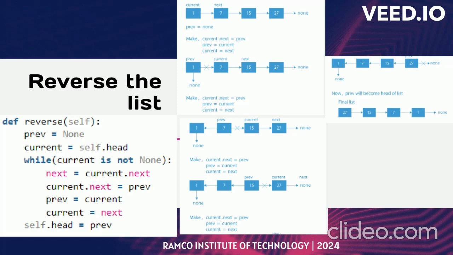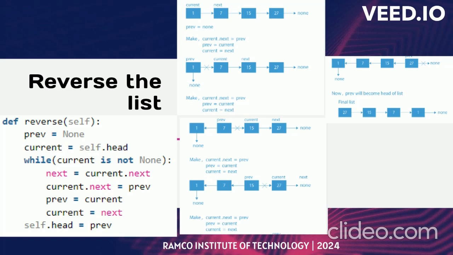So after the first iteration, 1 will be the previous and 7 will be the current, and 1's address will point to none and 7's address will point to previous, that is, 7 will have a link to 1. At every iteration, two consecutive elements get reversed.